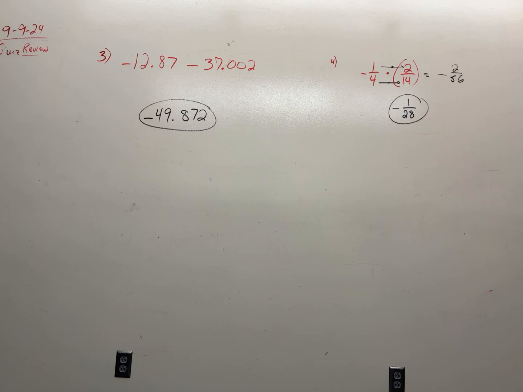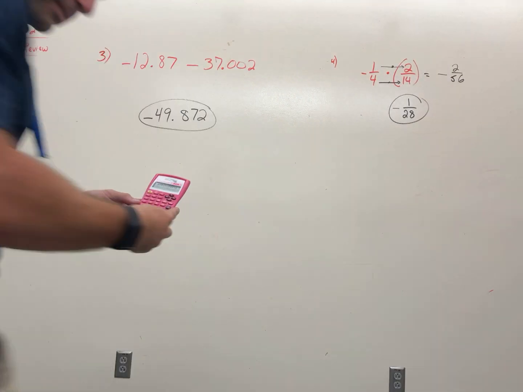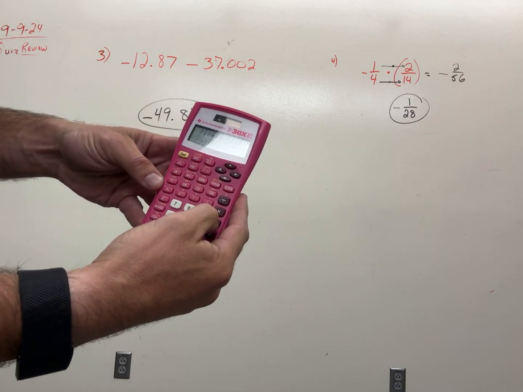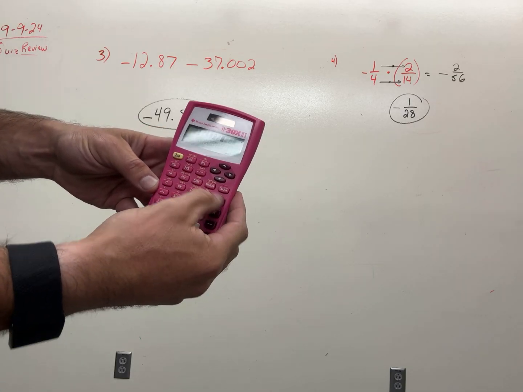Now, there's another way to do this. So I'm putting this on the video. Here's another way to do this. I can put in -1 divided by 4 multiplied by 2 divided by 14.